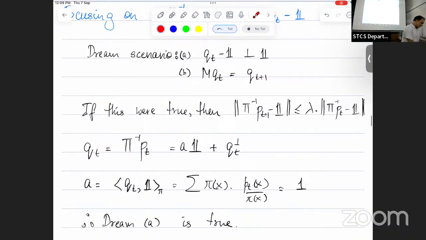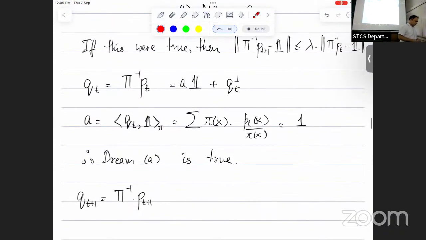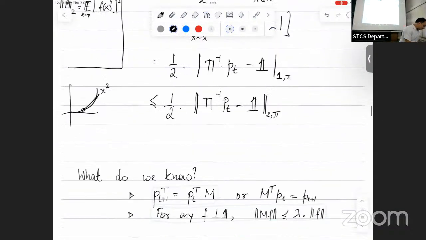Perfect. The next thing we want to get a sense of is whether dream scenario 2 is true. Let's again write down what Qt plus 1 is. It is pi inverse times Pt plus 1. And how is Pt plus 1 related to Pt? This is nothing but pi inverse times M transpose applied to Pt. This is the point where we are going to use the reversibility, or rather, there was a particular relation that M and pi satisfied. Let's go back.